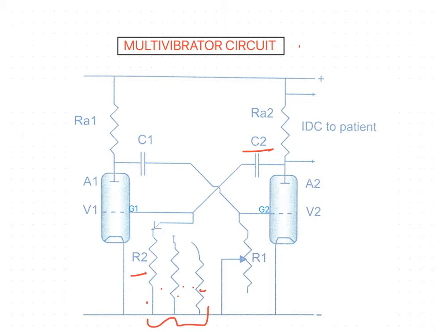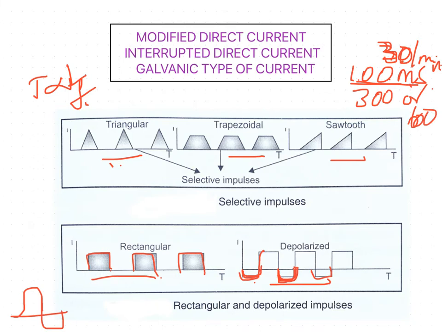Now, selective impulses. I have already mentioned that the gradual rise and fall of the intensity leads to selective impulses. So these are the selective impulses.